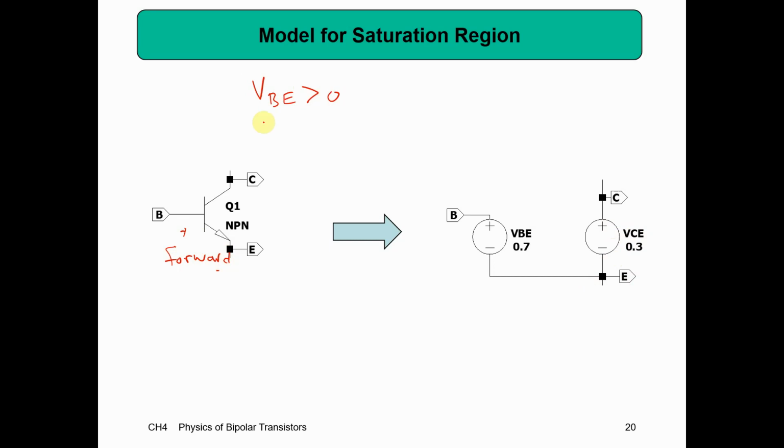And my VCE is approximately less than 0 if it were inactive. That means that this junction right here is now also forward biased. Okay, then I'm going to use this one. So this is my saturation model.